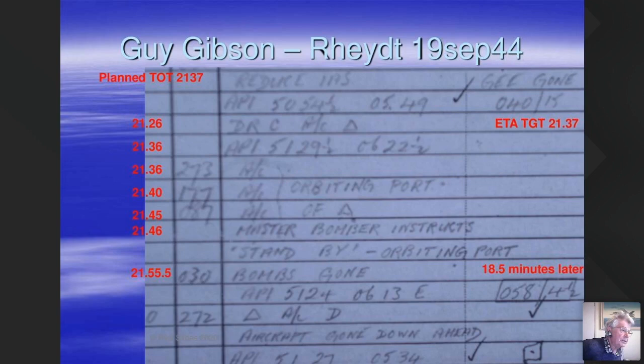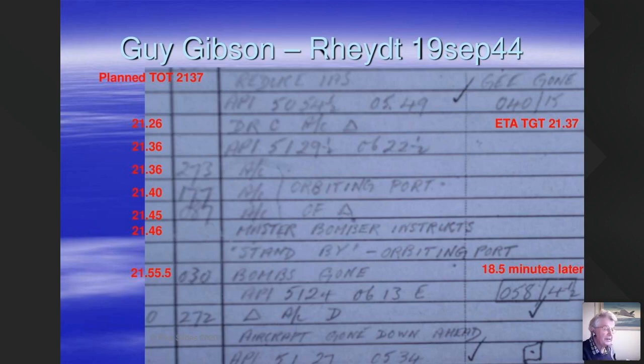And it was a 5 Group party again, so they were using a form of bombing where they actually aimed at an offset, and then they went so many seconds beyond the offset before they released the bombs. And the offset was marked by a chap in a Mosquito in a shallow dive.